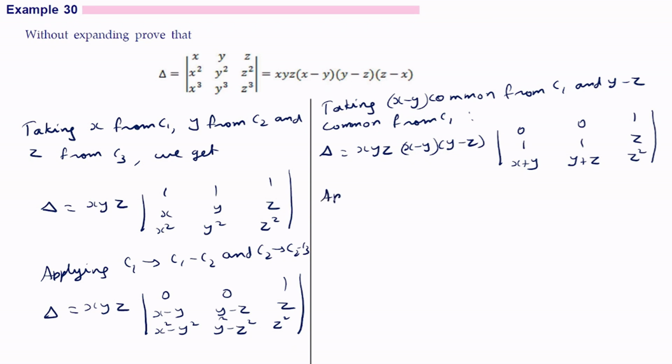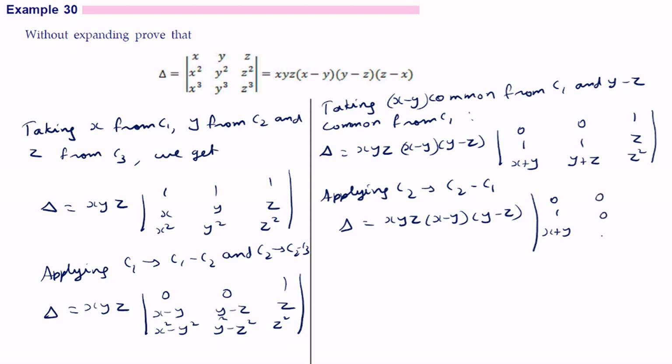And next let us apply the operation, applying C2 changing to C2 minus C1. We get delta equal to xyz into x minus y into y minus z into 0, 1 x plus y, and here 0, 0 z minus x, then 1 z, z square.